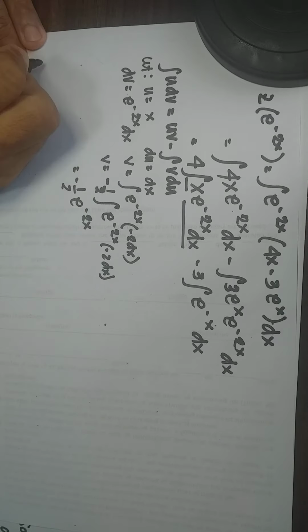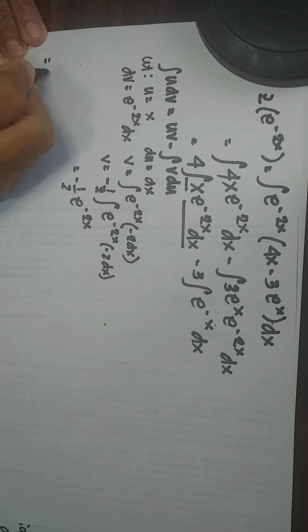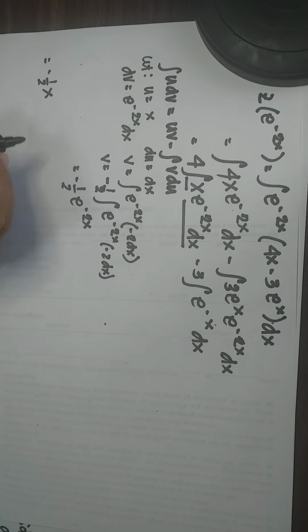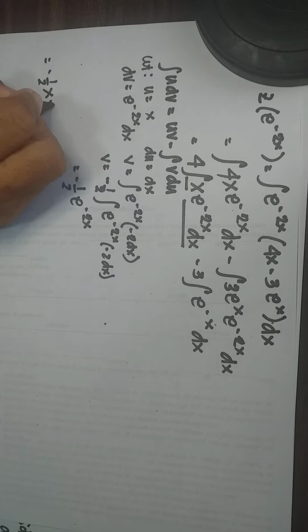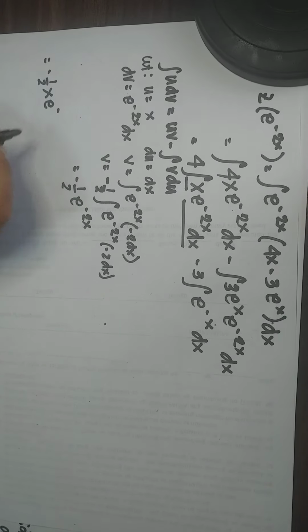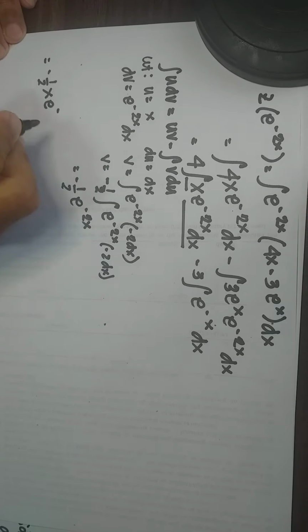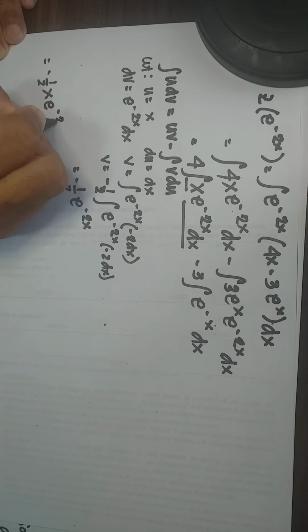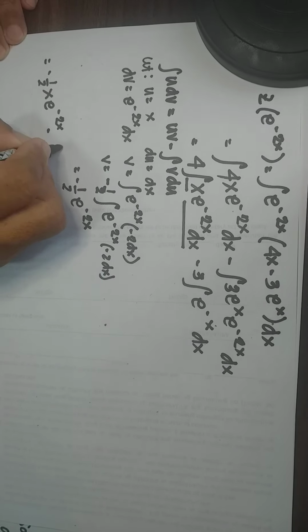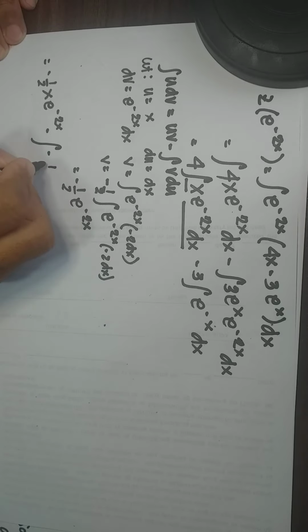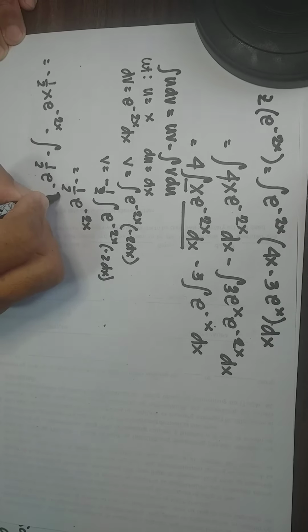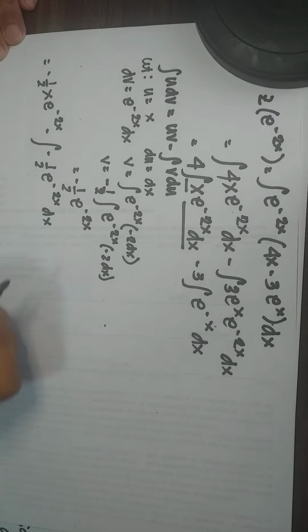Okay? So applying the formula, uv, we have negative 1/2 x e to the negative 2x, minus the integral of v, negative 1/2 e to the negative 2x dx.